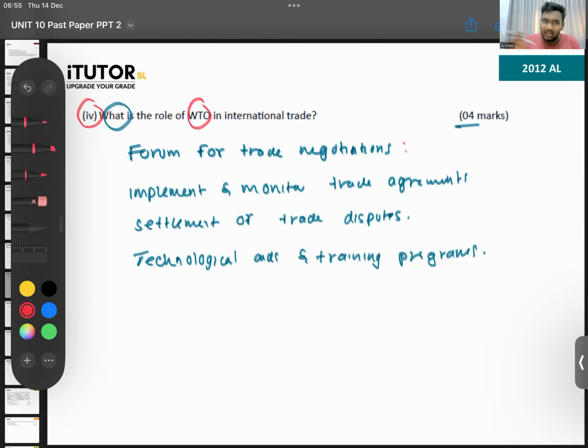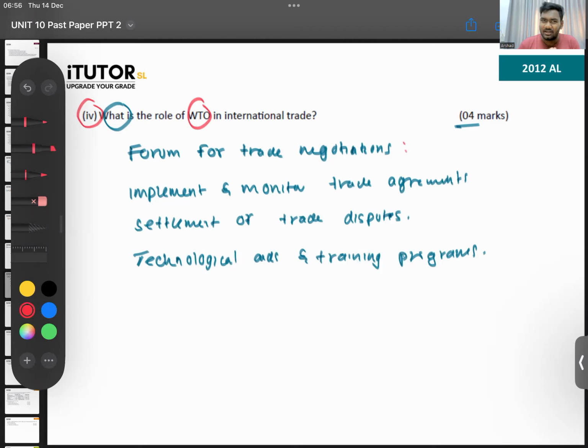For example, forum for trade negotiations, you can say they create a platform for countries to negotiate with each other in terms of their trading policies. One small line.